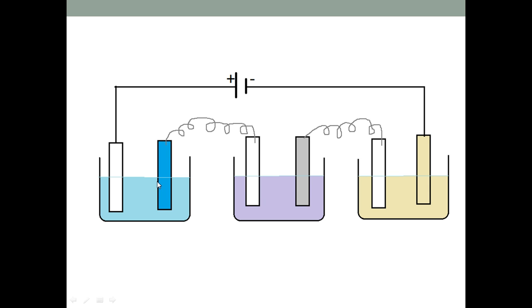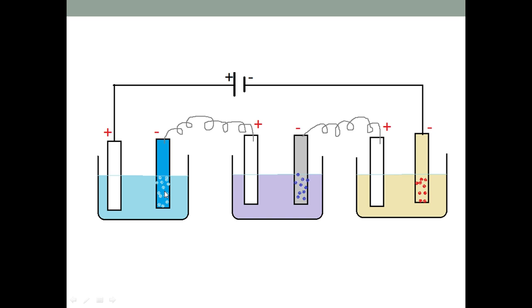There are three different electrodes put together. The first represents the copper electrode, the second represents the silver electrode, and the third represents the zinc electrode. The aqueous solution of their salt is filled inside each electrolytic cell.